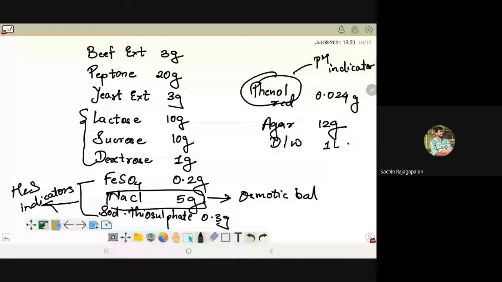Now you would say that in the same agar wherein I have all three sugars together, how will I be able to distinguish whether the organism is able to ferment dextrose only, or is able to ferment all three sugars? So please understand, students, this is the basic reason why the concentration of the sugars has been kept different, wherein dextrose is maintained at 0.1% concentration, while lactose and sucrose are maintained at 1% concentration.